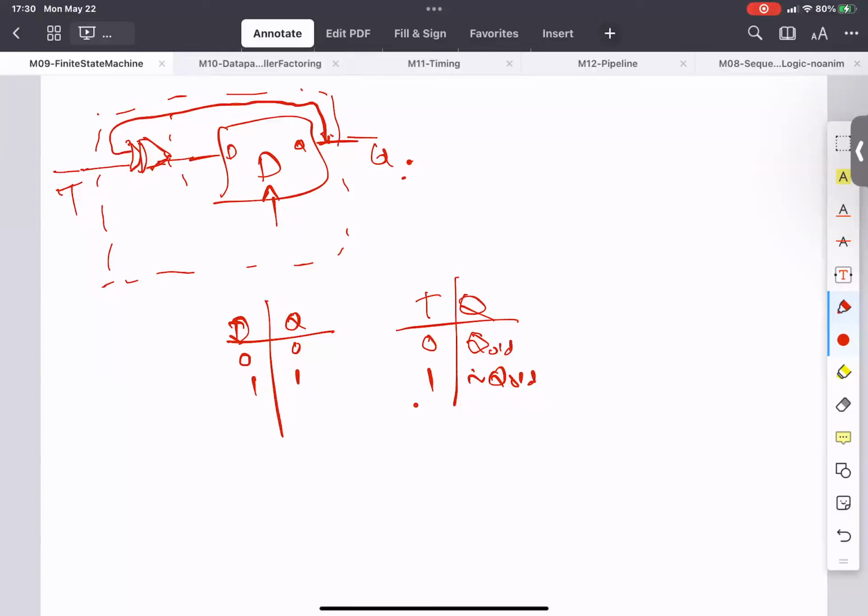Or alternatively, this is nothing but a finite state machine problem, right? It's a state machine which has 2 states. Q can be 0, Q could be 1. So 2 states. Let's call them 0 and 1. If I'm in state 0 and T is 0, then I stay put.